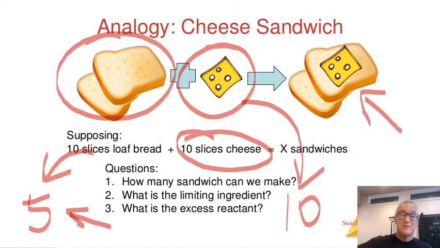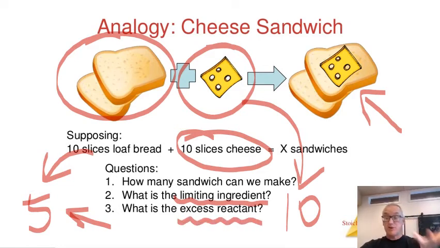I'm only going to be able to make 5, because I'm going to run out of bread before I run out of cheese. And so we call that the limiting ingredient, or the limiting reactant. Bread is limiting. It limits the amount of product you can make. And the excess is cheese. I'm going to have cheese left over.